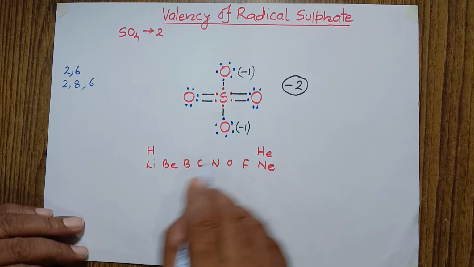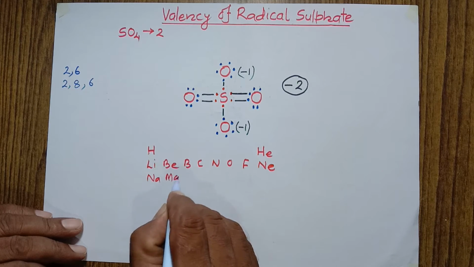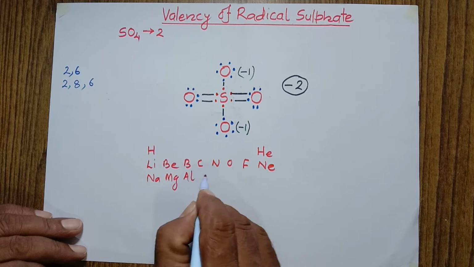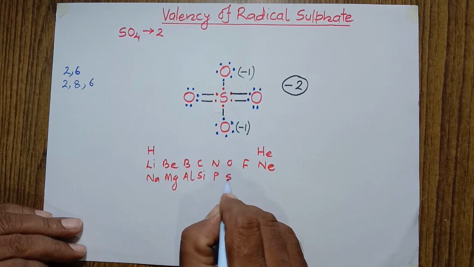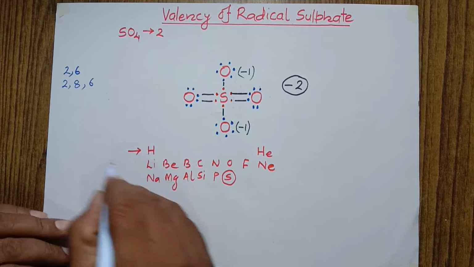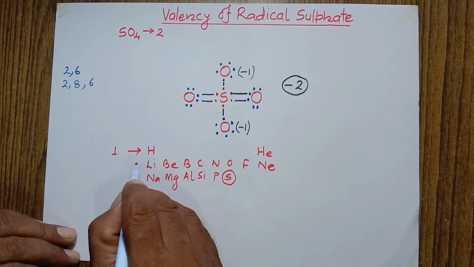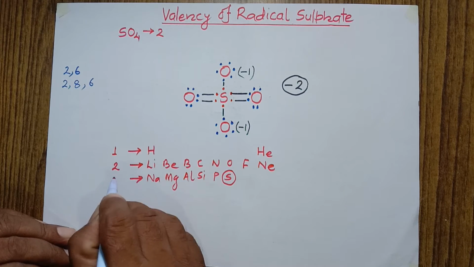And after neon we have sodium, then magnesium, aluminium, silicon, phosphorus, and then sulfur. Our target is sulfur. Look at this. This is called the first period, this one is the second period, and this one is the third period.